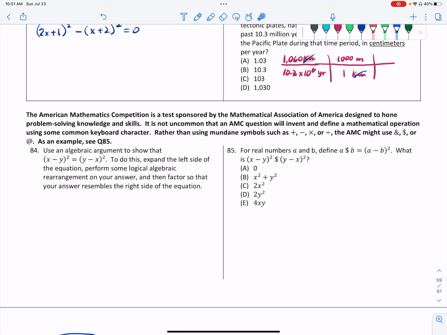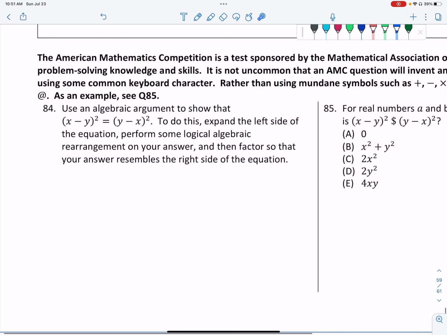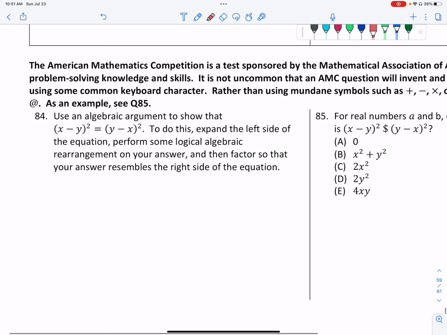All right, let's look at question 84 before 85, because 84 is supposed to sort of prepare you for 85. Use an algebraic argument to show that the quantity x minus y squared is equal to the quantity y minus x squared. The word argument in mathematics does not mean the same thing that you get into with your parents. This is proof.